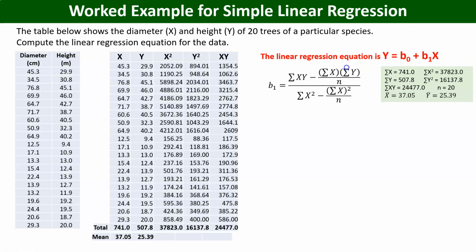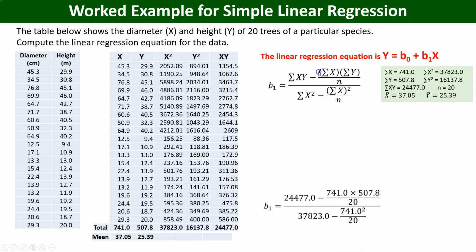The formula for calculating B1 is as shown on the screen. B1 is sigma xy minus sigma x, sigma y over n, everything all over sigma x squared minus sigma x in bracket square over n. So that's the formula. Now, if you see the things we already obtained from our earlier calculation, we already have values for all the items on this formula.